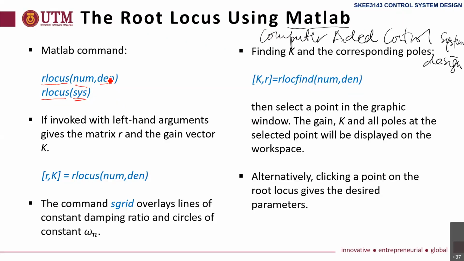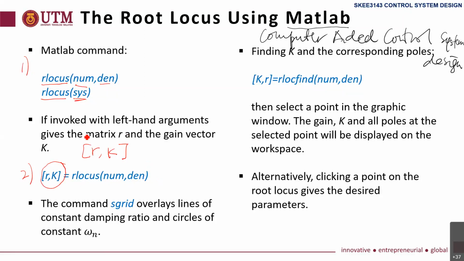This is number one, command one. Command two, if you add what we call a command here, a value here, you put in bracket [R, K], instead of drawing the root locus, it will give you the values.